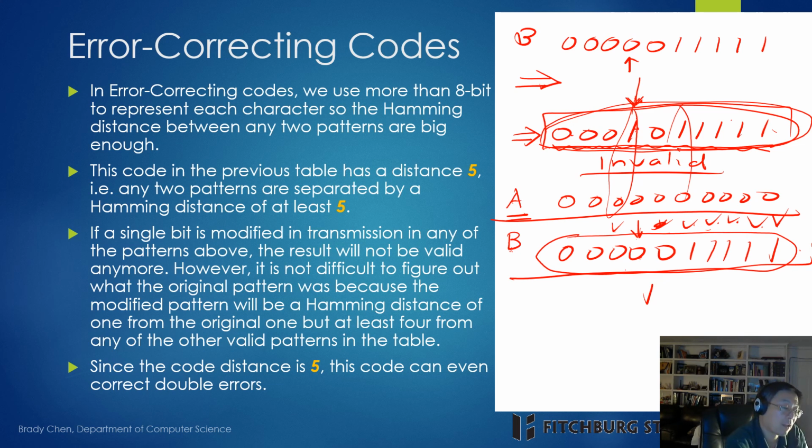So we can conclude that the original bit pattern that was transmitted was B. Does it make sense? Most likely, yes, right? So that's the error correcting code.